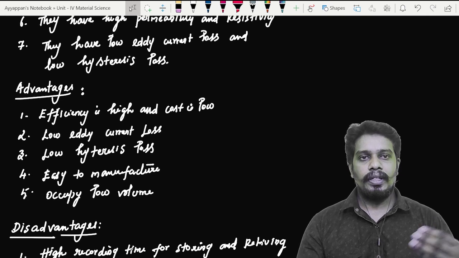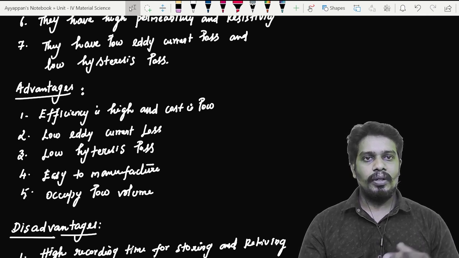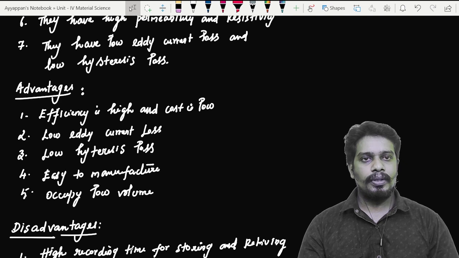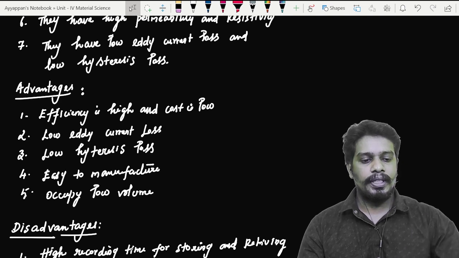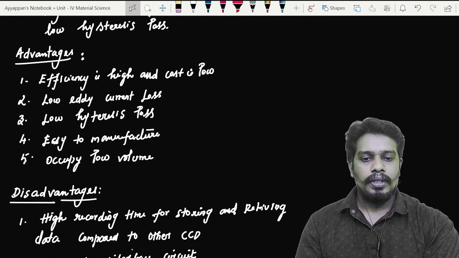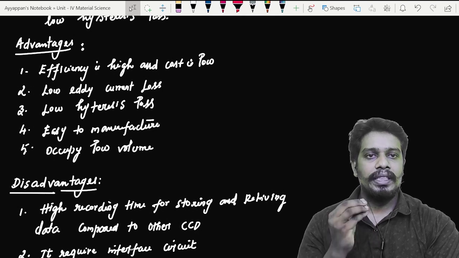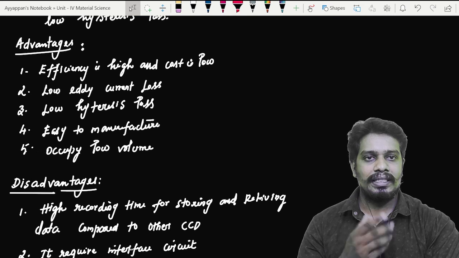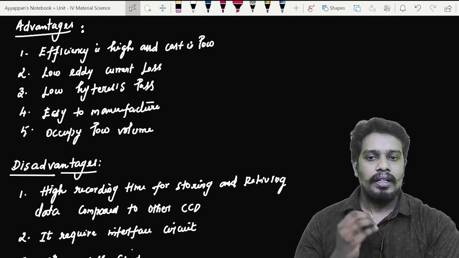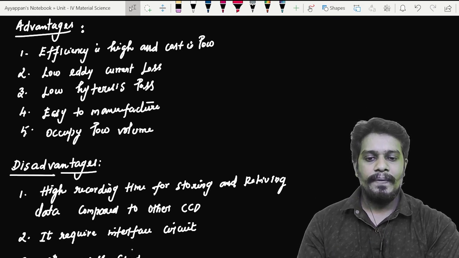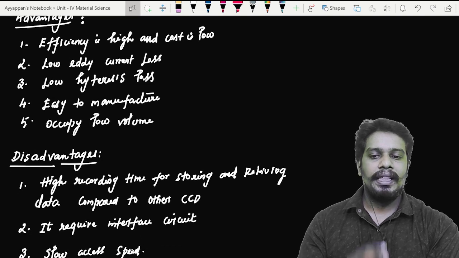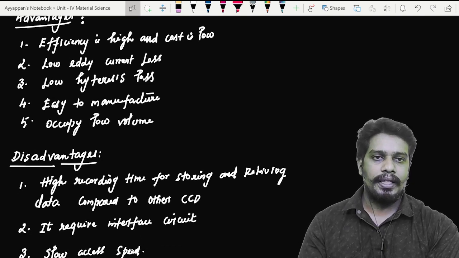If you look at your hard disk, you will feel how much time it takes compared to the charge coupled device. It requires an interface circuit. Without the interface circuit, you can't store or retrieve the data. Slow access speed. These are the main disadvantages of the ferromagnetic material.